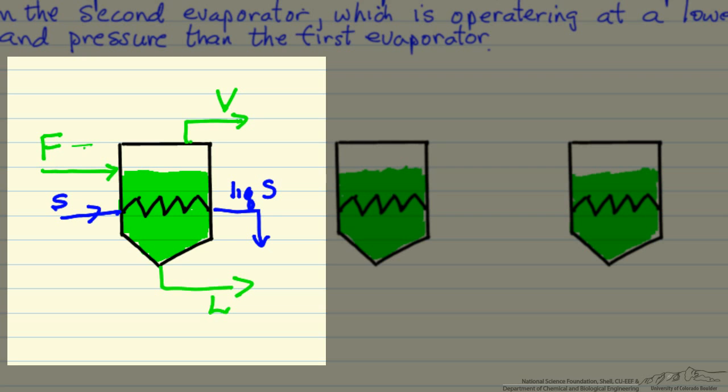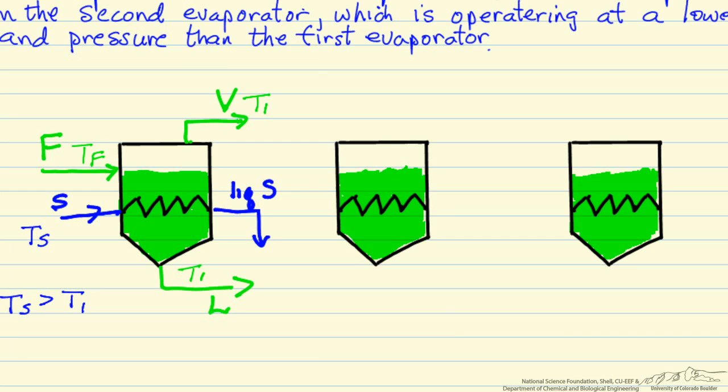So we have the feed coming in at a feed temperature. T1 is the temperature in the evaporator, which also means it's the temperature of the liquid. And the steam is coming in at a temperature Ts, where Ts must be greater than the evaporator temperature for evaporation to occur.